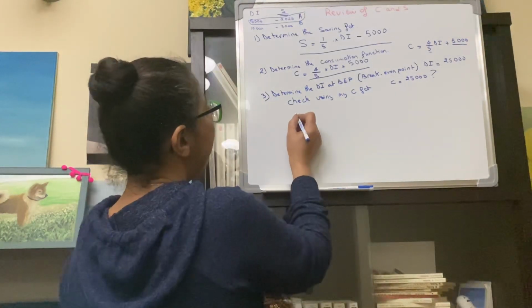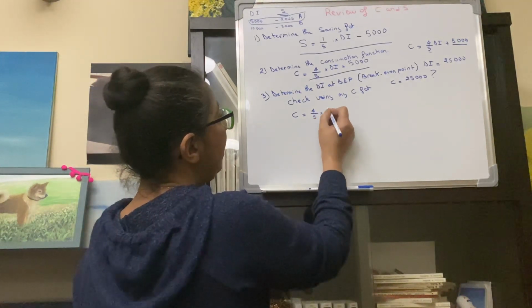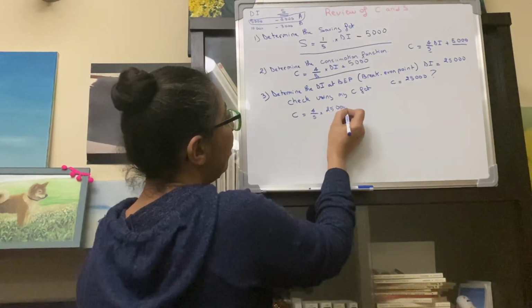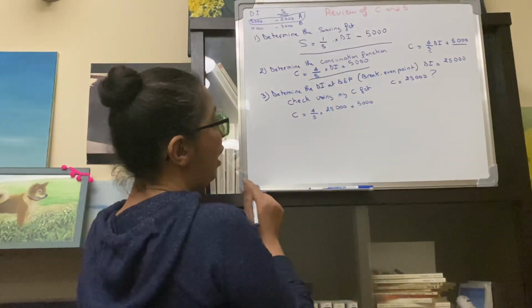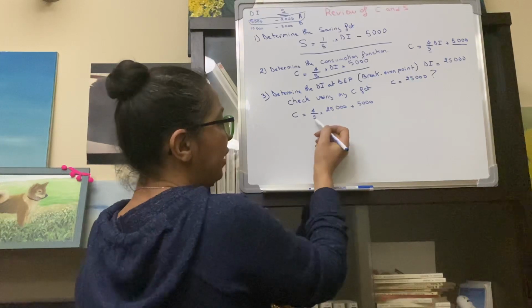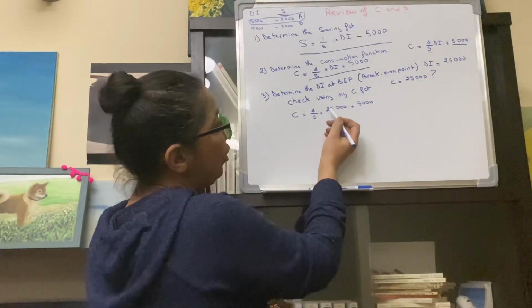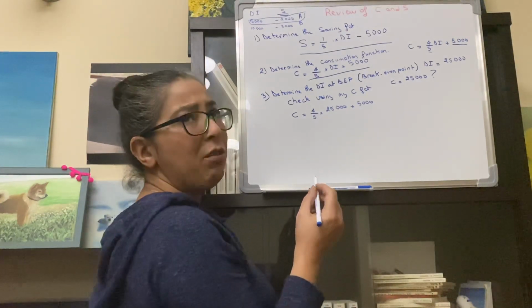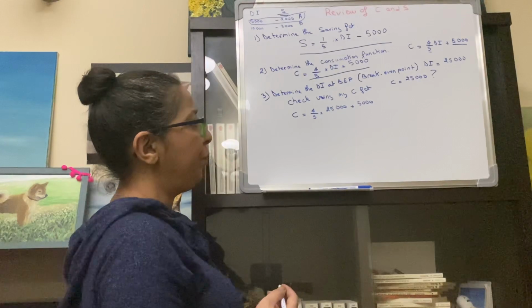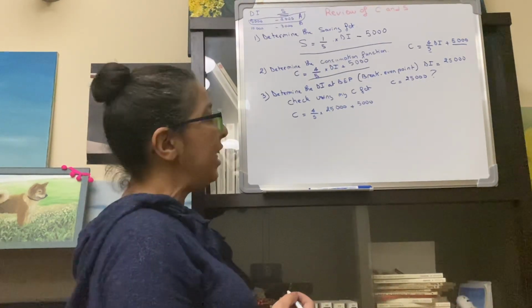So let's do it. C is equal to 4 over 5 times 25,000 plus 5,000. Let's calculate our C. 25,000 divided by 5, that gives you 5. 25 divided by 5, that's 5. I'm adding the 1,000, that would be 5,000. 5,000 by 4, that's 20,000.